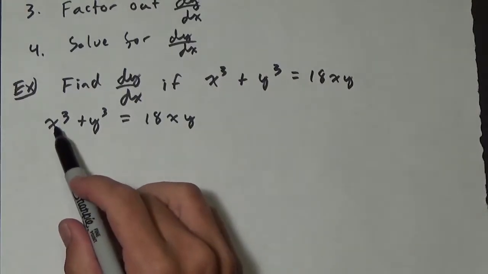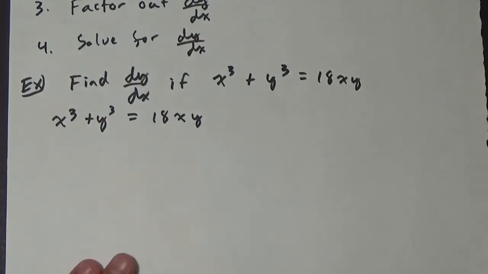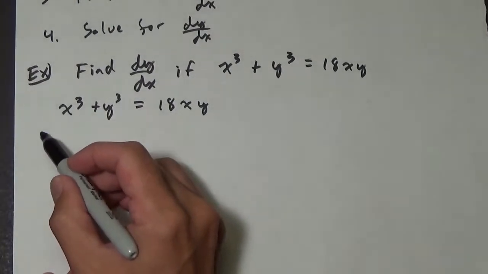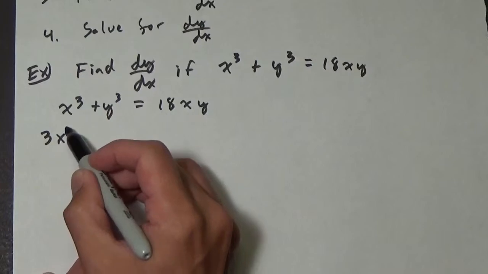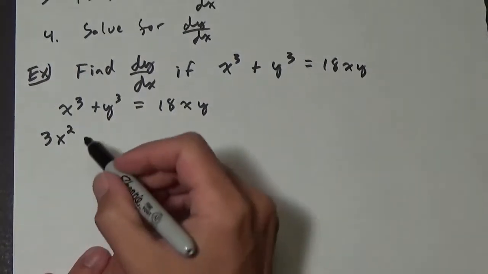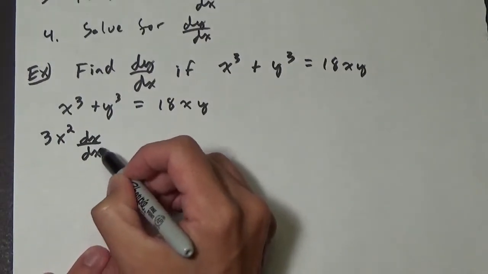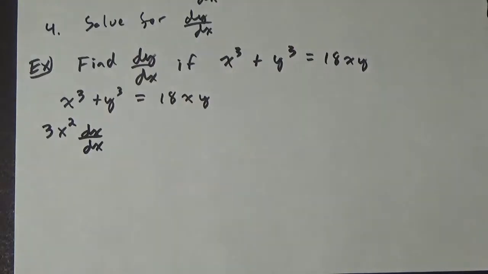So, for example, the derivative of x cubed, we do have an inside part which is x and an outside part which is the cubed. So the derivative would be 3x squared times the derivative of the thing inside. Well, the derivative of x is dx/dx. Now, we don't write that down because what ends up happening is dx/dx is 1.